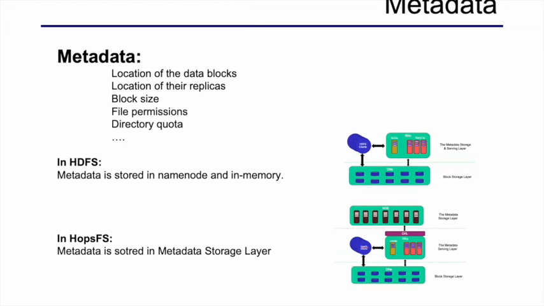As discussed earlier, in HDFS, the metadata is stored in the name nodes in memory. So a name node handles the client's request and the metadata storage simultaneously. In HopsFS, the metadata serving and storage have been decoupled in order to avoid a single point of failure as well as to scale out the metadata storage.